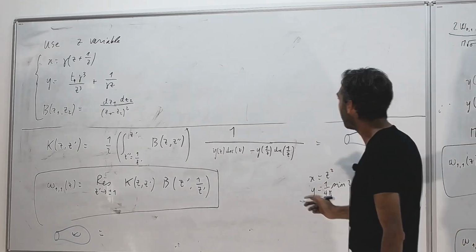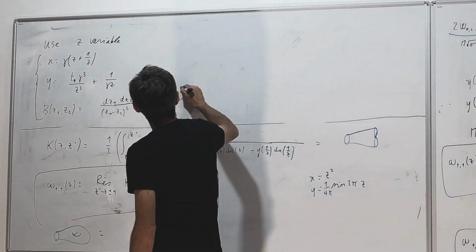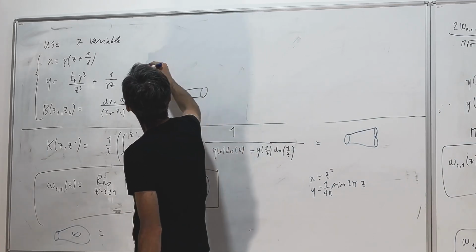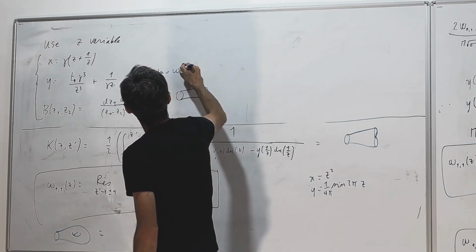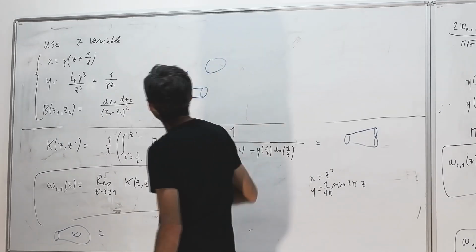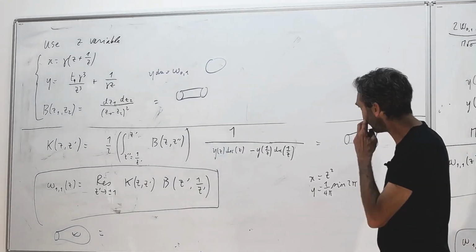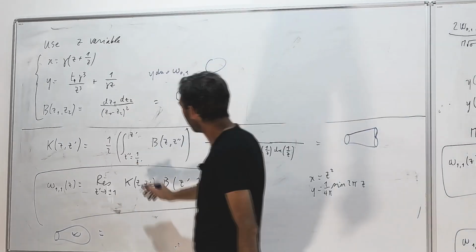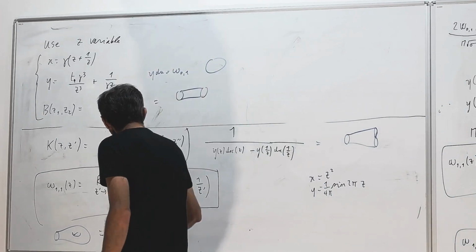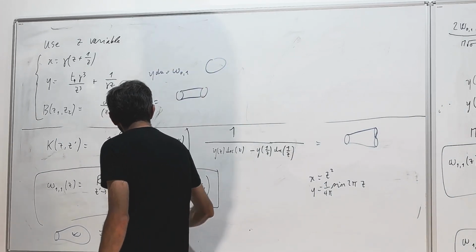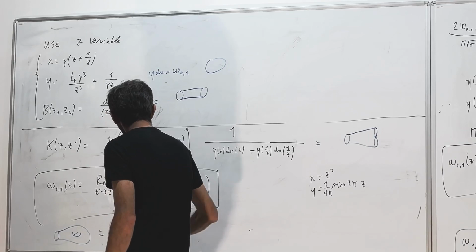And B is the cylinder. And Y dx, so omega 0,1, is the disk. But what this relation tells you is that this is the K times the B. And you glue like this.